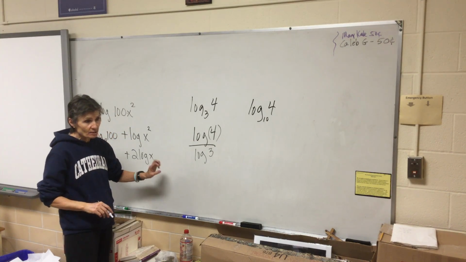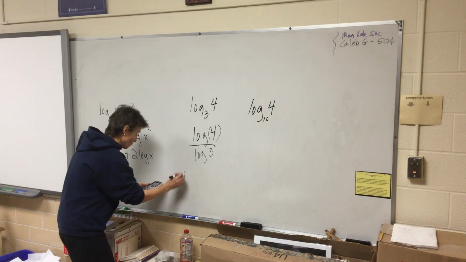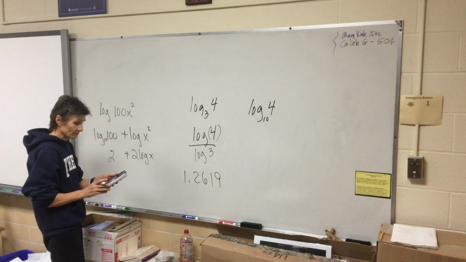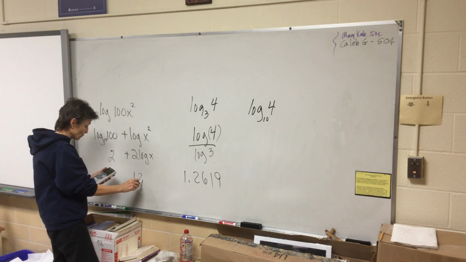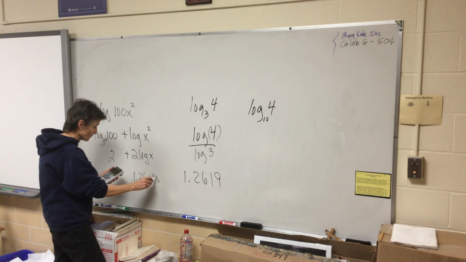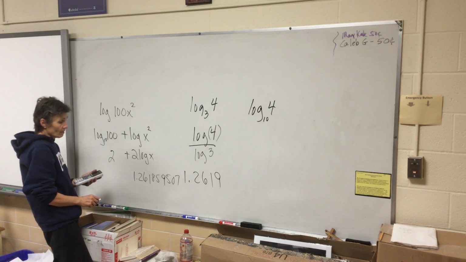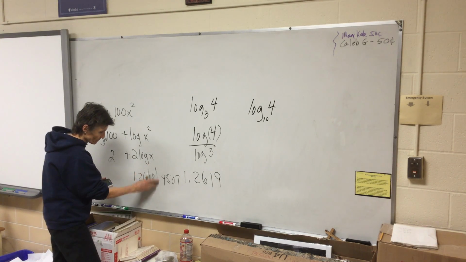10,000th again is 4 decimal places. So this is going to be 1.2619. I went through this yesterday, and if you're still having questions about this, you need to come to Flex. 10,000th is 4 decimal places. Whoops, I missed.